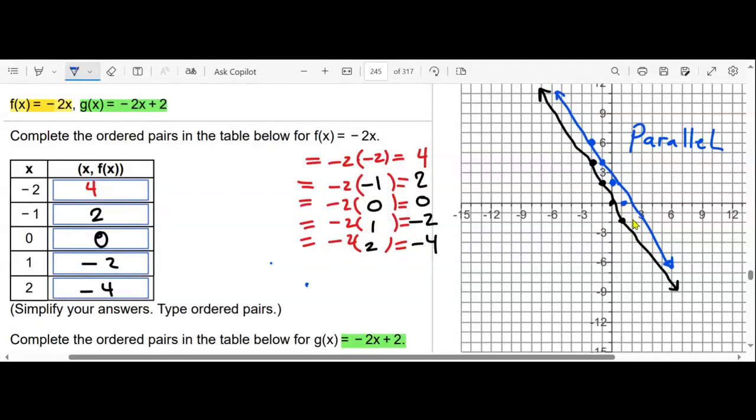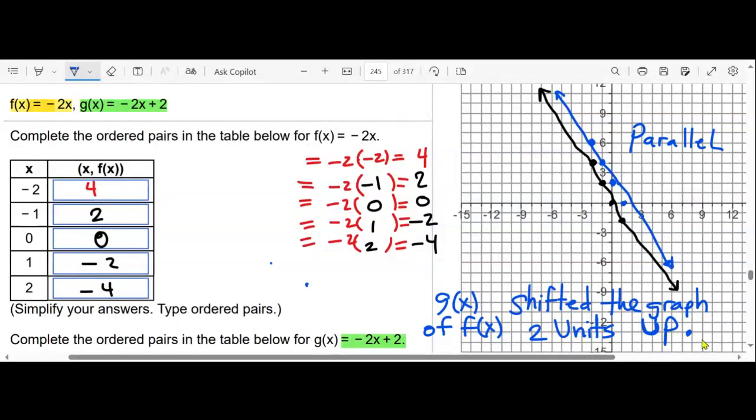I shifted the graph how many units? Up. So the graph of g of x shifted the graph of f of x two units.